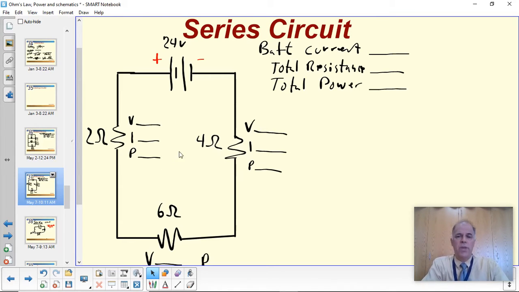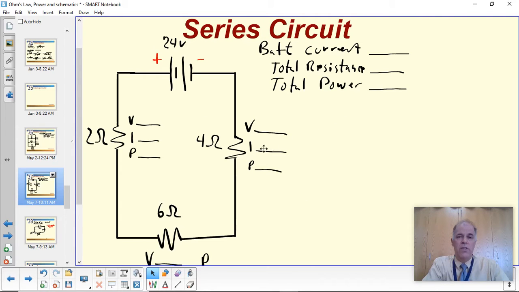These are sometimes called VIRP diagrams, which stands for voltage, current, resistance, and power. The ones we're going to be doing, though, the resistance will always be given. So we're just interested in determining the voltage drop, the current, and the power for each of the different components in the circuit, and that includes the battery.